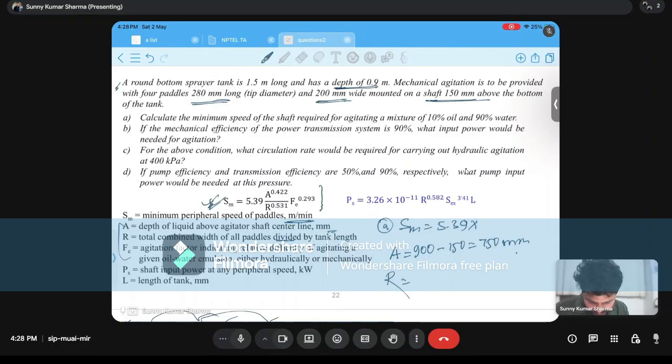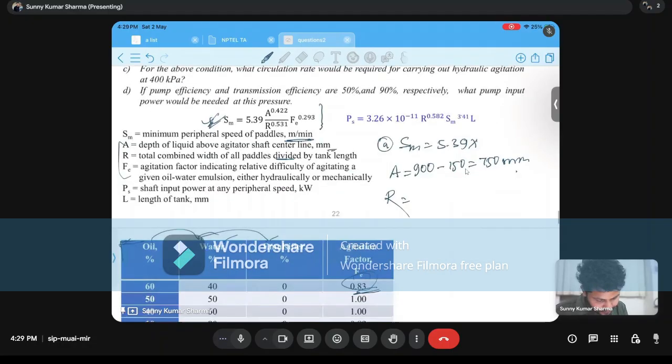So R is total combined width of all paddles divided by tank length. So number of paddles into width, that will give you total combined width of all paddles divided by tank length.